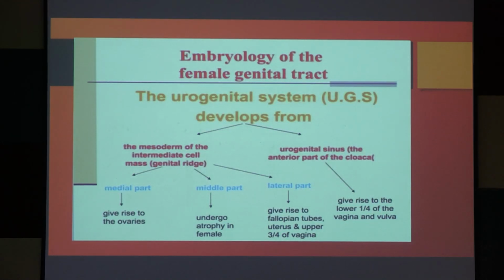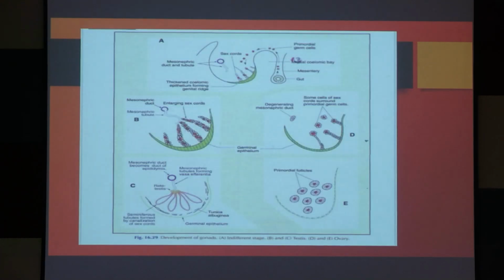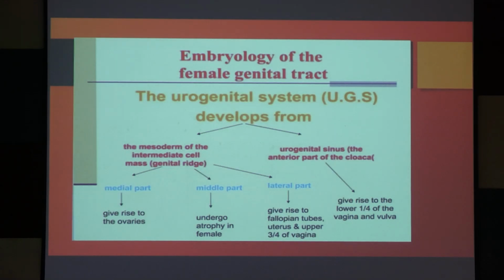So embryology we should not discuss in detail. Only two things are important for embryology. It develops from the mesoderm of the intermediate cell mass and from the urogenital sinus.